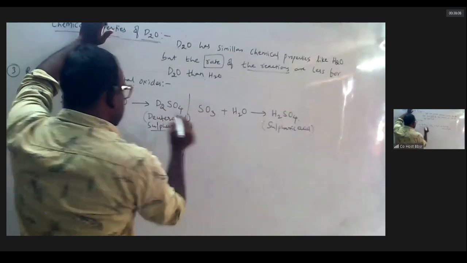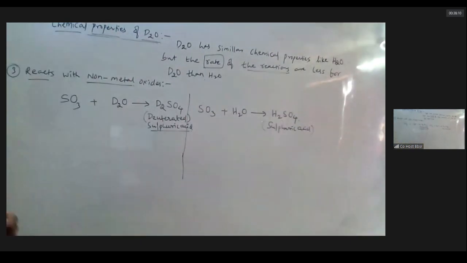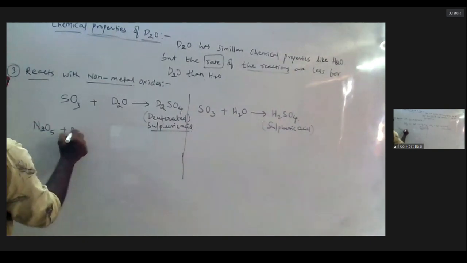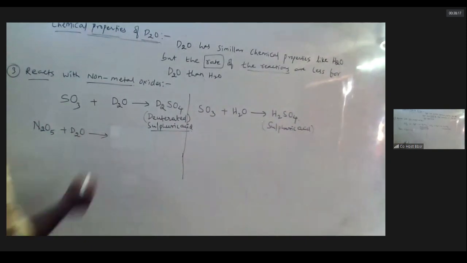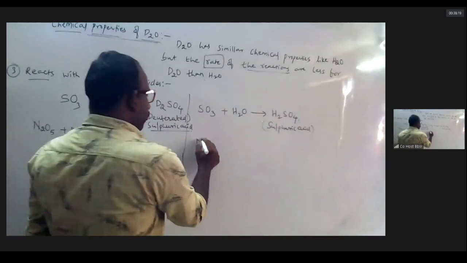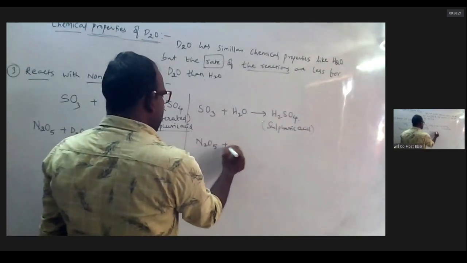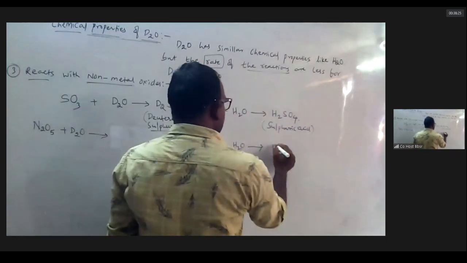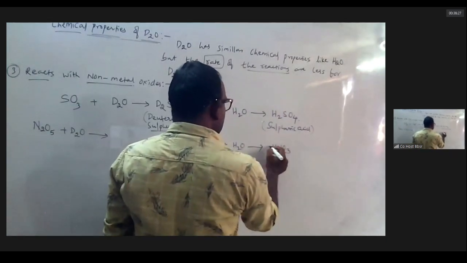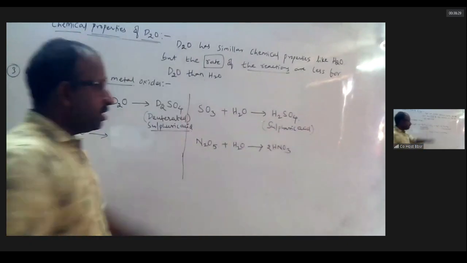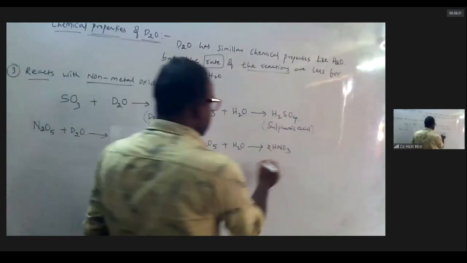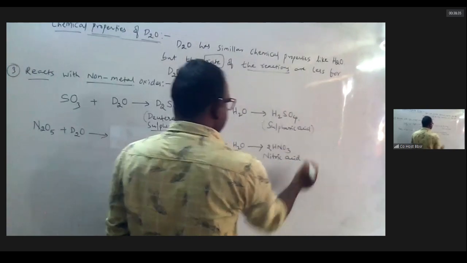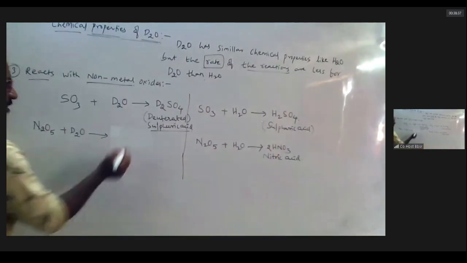ड्यूटरेटेड सल्फ्यूरिक एसिड, राइट? If you take N2O5 plus D2O, see this is N2O5 plus H2O, right? So that is HNO3, 2HNO3 आ जाएगा. इसको क्या बोलना है? नाइट्रिक एसिड. इसको अभी क्या आता है?